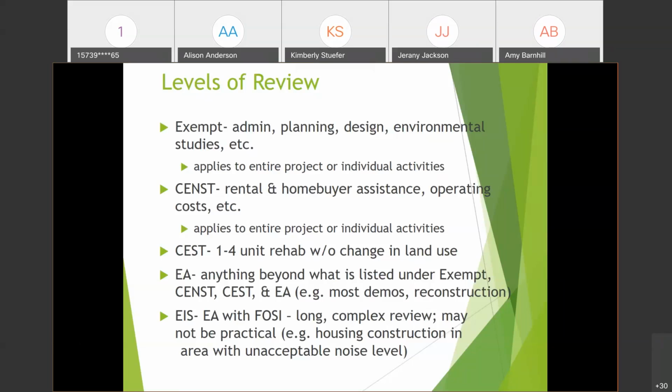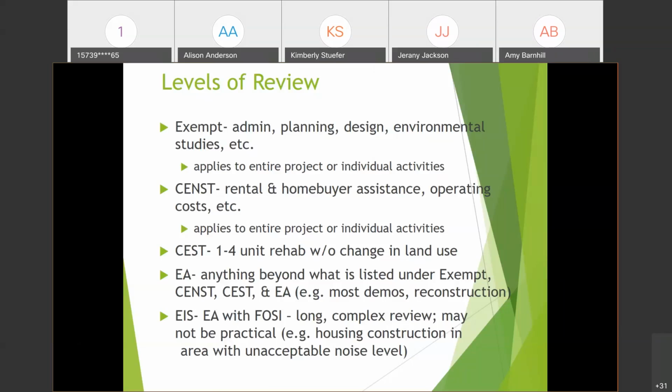So your different levels of review, the exempt is the most simple. It would be for activities such as administration, planning, design, and environmental studies. So it's activities that have no effect on the human or physical environment. And this is just a 1 or 2 page form that would need to be completed and filled out.